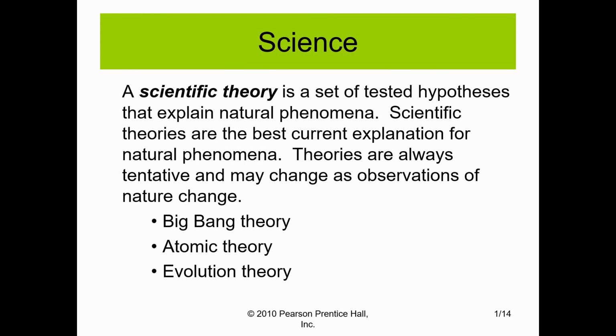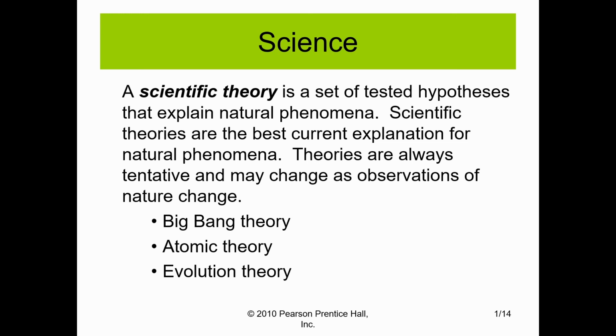In contrast, a scientific theory is a set of tested hypotheses that explain a natural phenomena. The best way that I like to think about this is that it's our current explanation of something, but it's still able to change. Theories are always tentative.